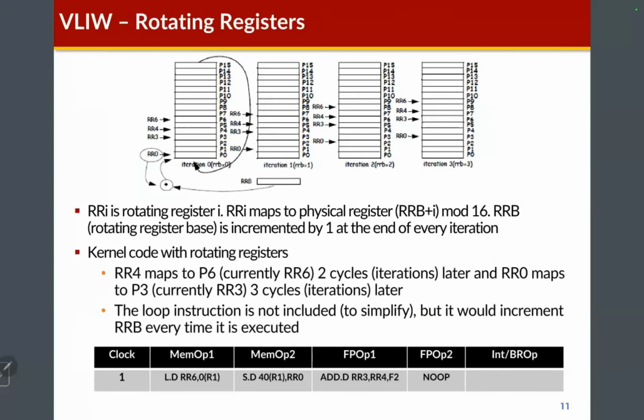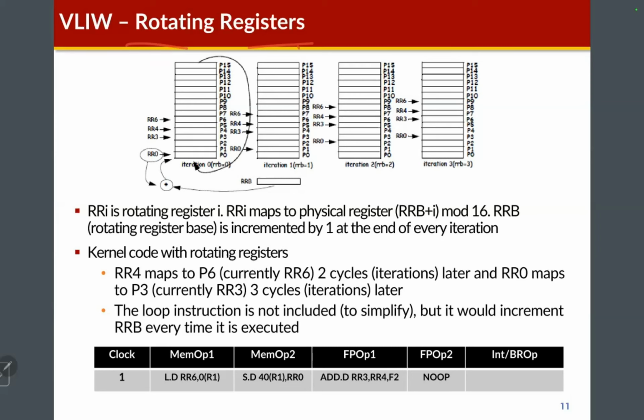So we can apply the rotating registers like this. This is the example of the rotating register. When loop unrolling is applied, I assume that the compiler needs to analyze the lifetime of the registers.